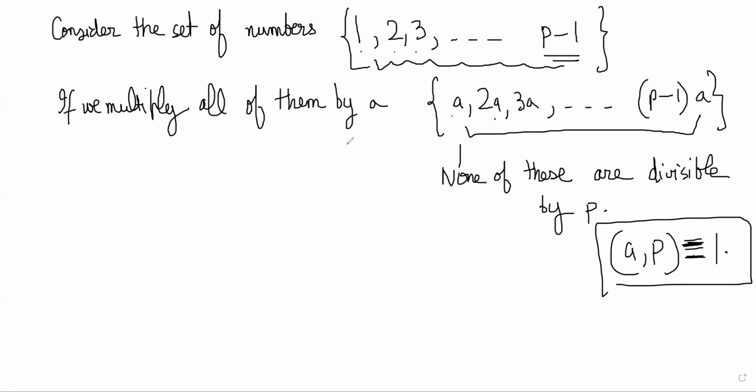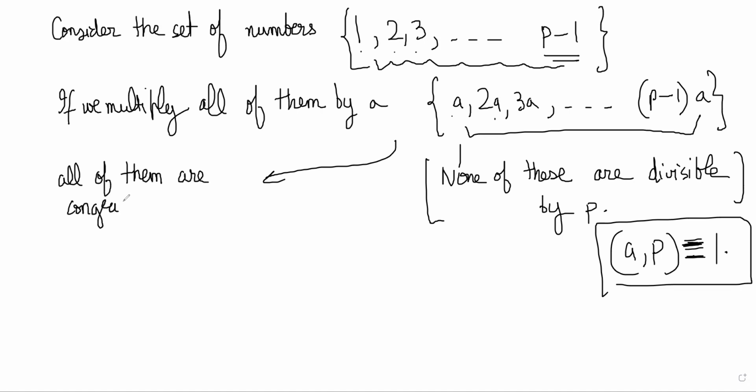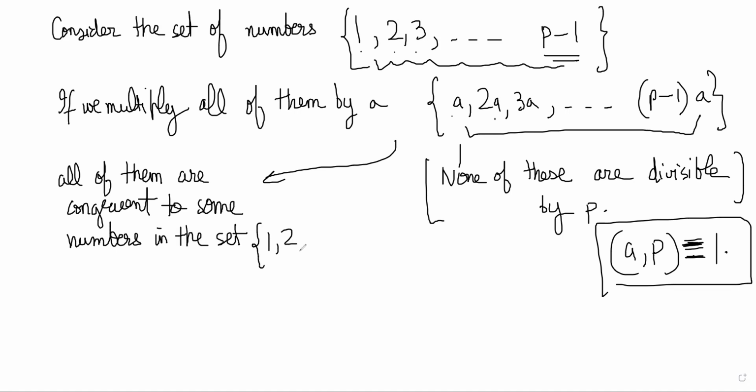Since none of these numbers are divisible by P, all of them are congruent to some numbers in the set 1, 2, 3 till P minus 1.